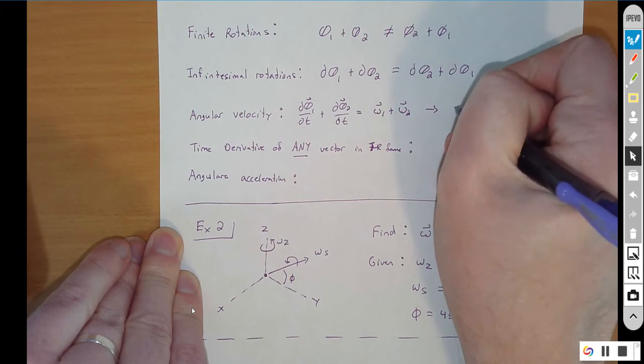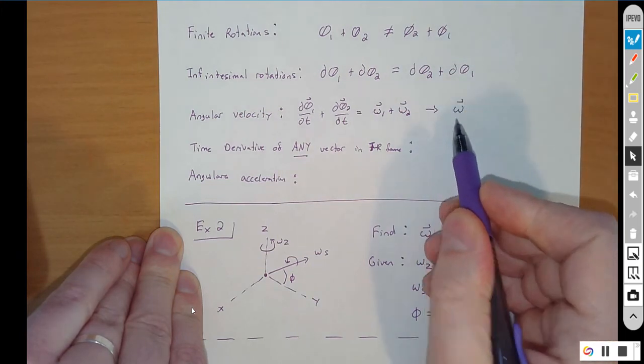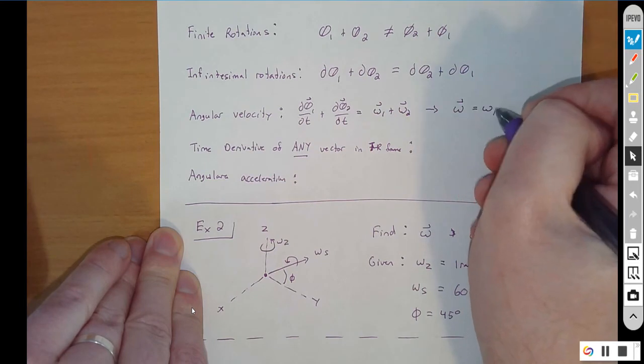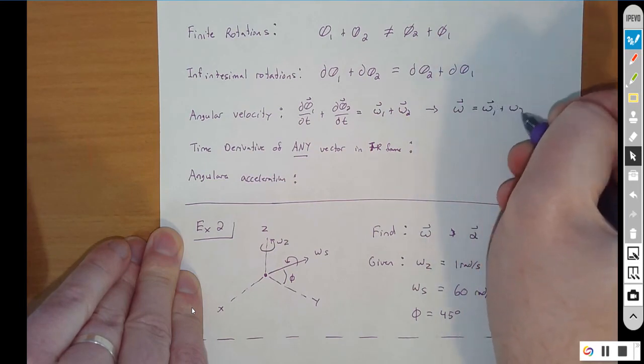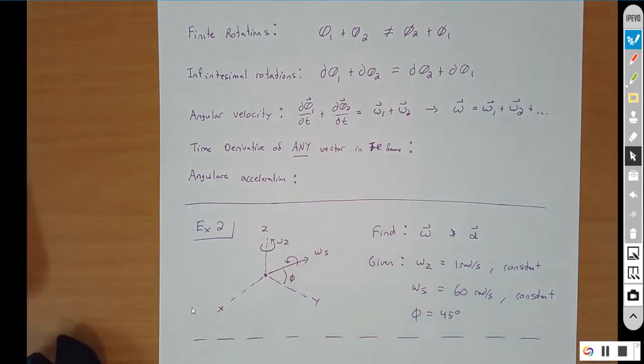I can expand this and find the resultant omega vector, which will be some omega 1 plus some omega 2 plus whatever. They're just vectors at this point, so I can add them up.